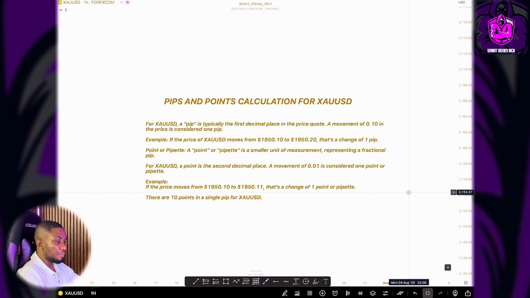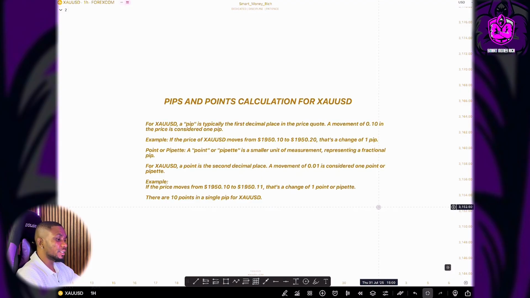Now, a point or pipette is a smaller unit of measurement representing a fractional pip. So this is the fraction of a pip, right? For gold, a point is the second decimal place. A movement of 0.01 is considered 1 point or 1 pipette. For example, if the price moves from 1950.10 to 1950.11, that's a change of 1 point or 1 pipette.